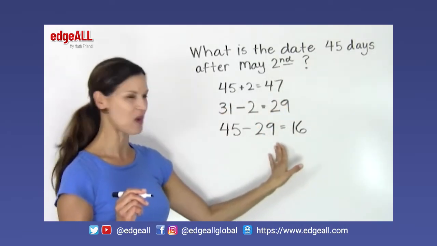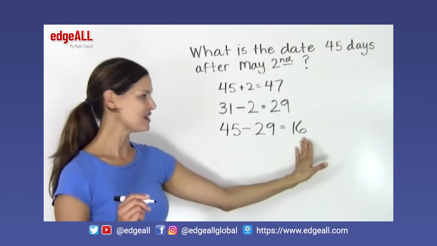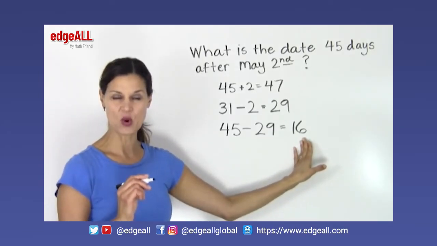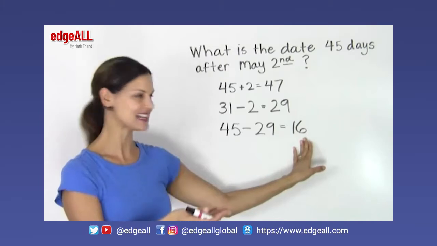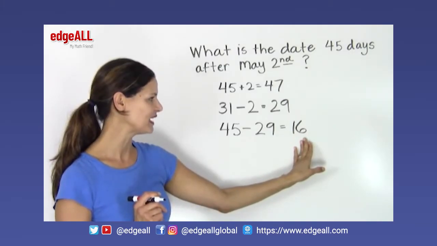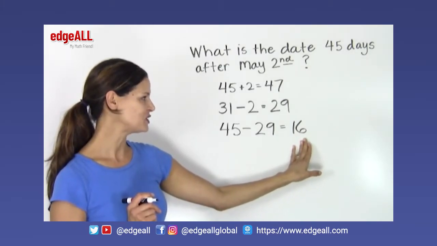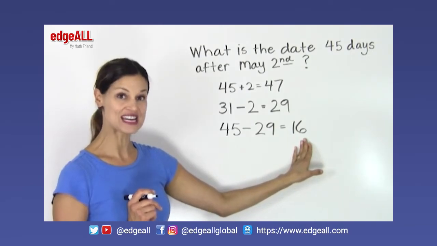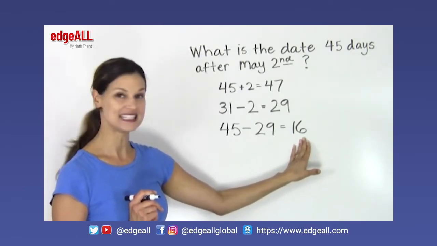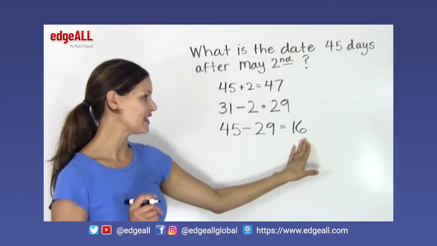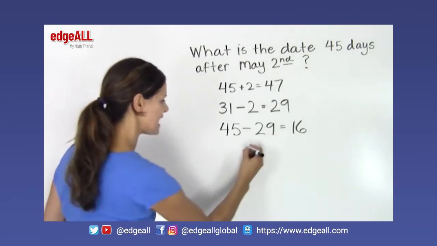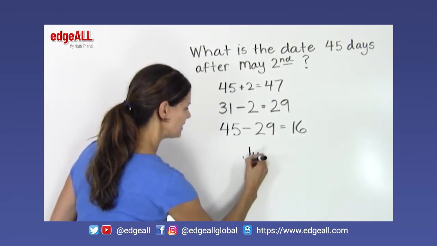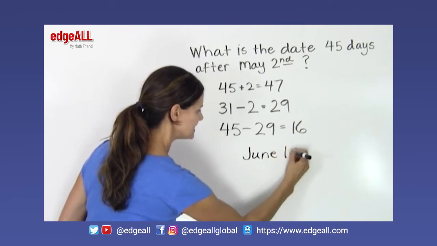We take away the 29 that fall in May, and we end up with 16 more days that need to fall in the next month, the month of June. We know the next month is June and that it has 30 days in it. So 16 days will fall in the month of June, and the date will be June 16th.